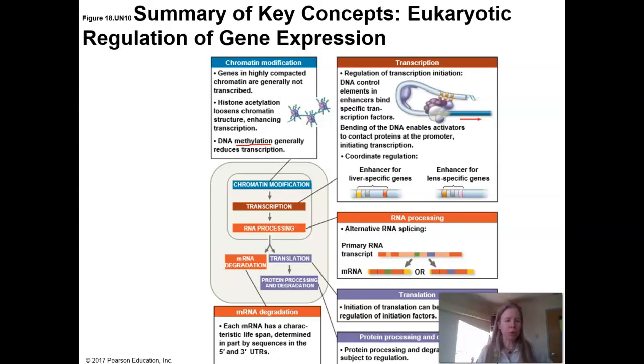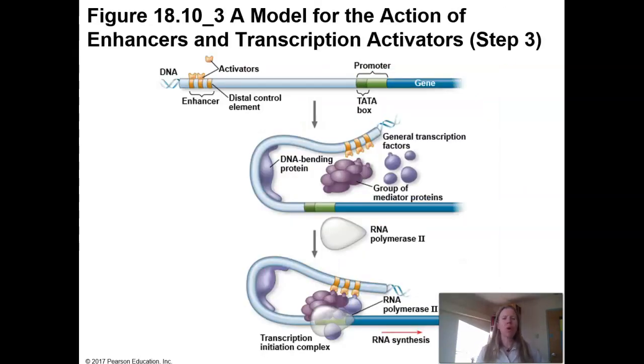Then we move on to transcription. And so transcription has a couple things going on as well. Again, we talked about this idea that there's a promoter region. Recognize that TATA box that signals RNA polymerase to come in. But notice it's actually a little more complicated than that. So you have what are called transcription factors. Sorry, I kind of feel like I lied last week.